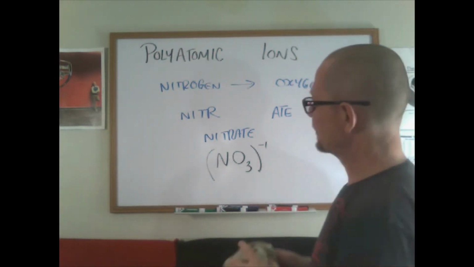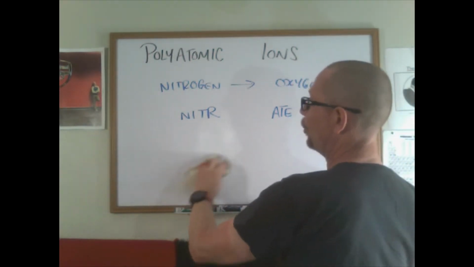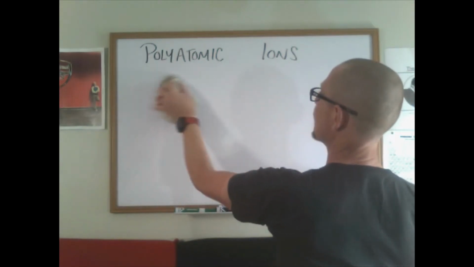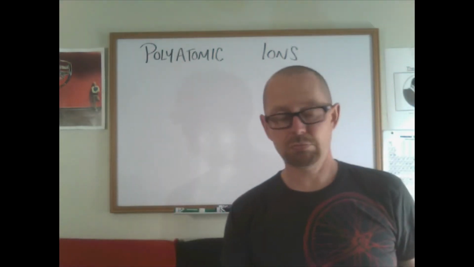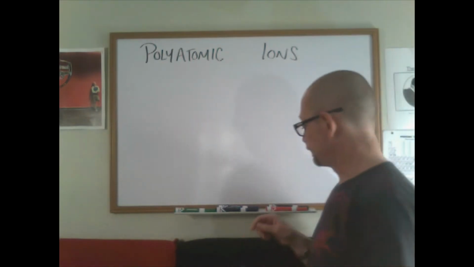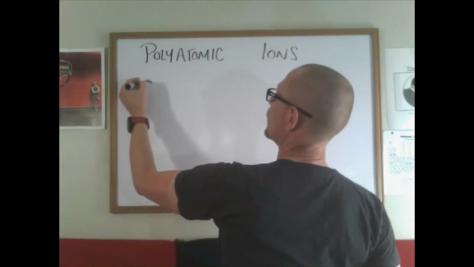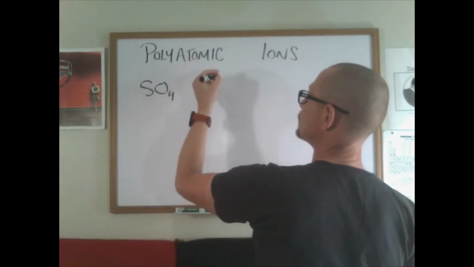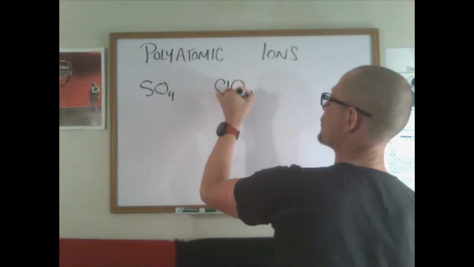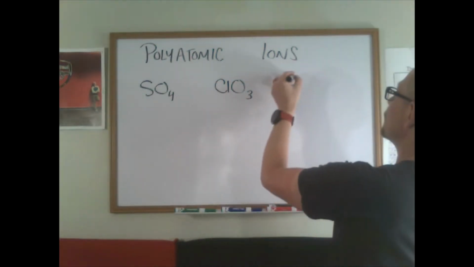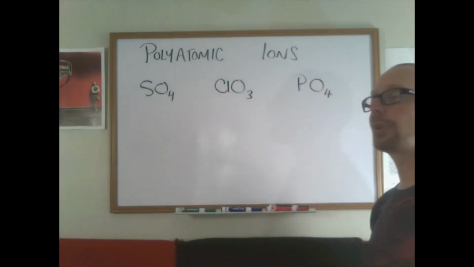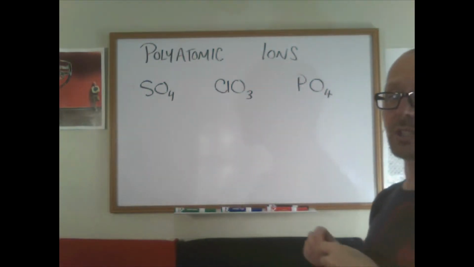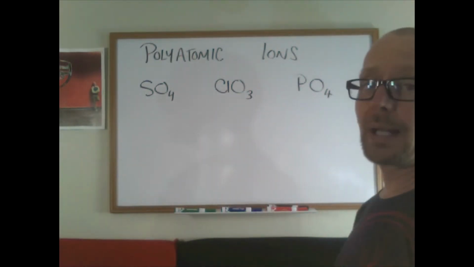What about some others? Well, if I put up the formulas, let's see if you can get the names. SO4, ClO3, PO4. Okay, those are the formulas that you would see in a given compound.